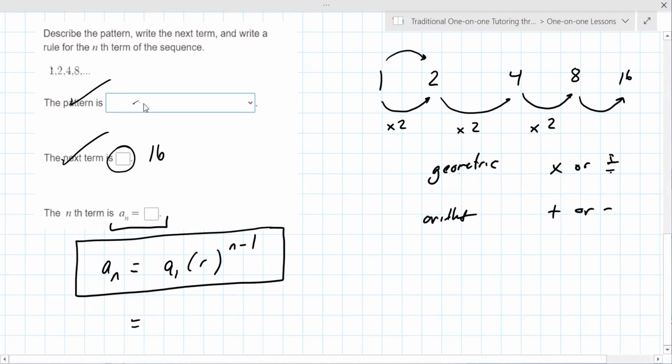So the first term is this 1, so 1 is a_1. r is the ratio between terms. And the ratio between terms is like 2 divided by 1, or 4 divided by 2, or 8 divided by 4. And what do these all equal? It's the same as what's up here.